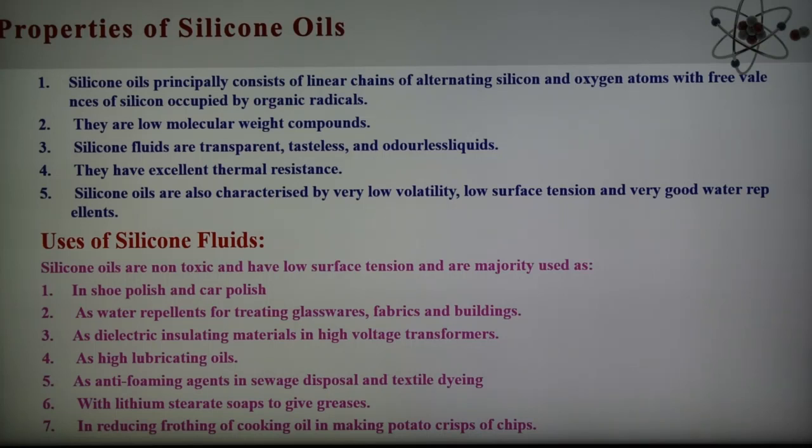Their viscosities lie between 0.65 and 2 millimeter square per second depending on the type. They have excellent thermal resistance from -60 to 300 degrees Celsius. Silicon fluids are also characterized by very low volatility, excellent shearing resistance, low surface tension, and very good water repellency. Another important feature is their remarkable electrical properties over a wide temperature range.